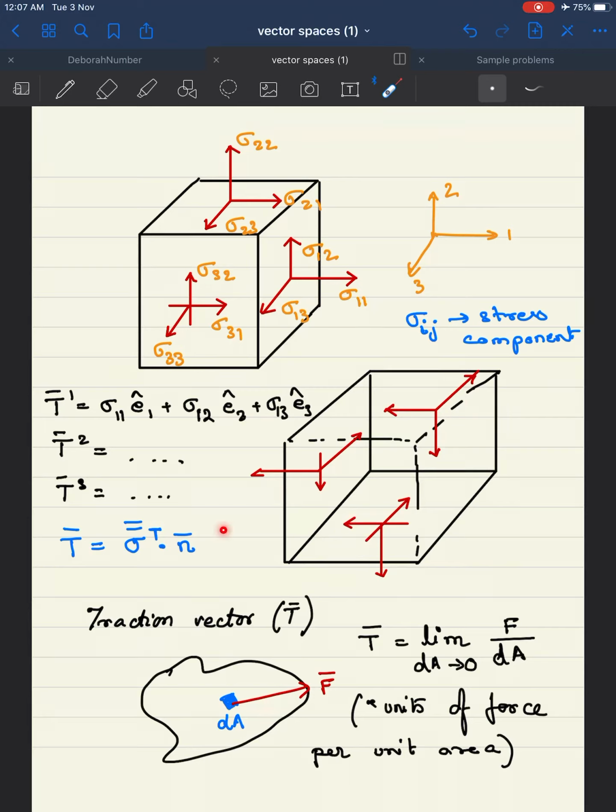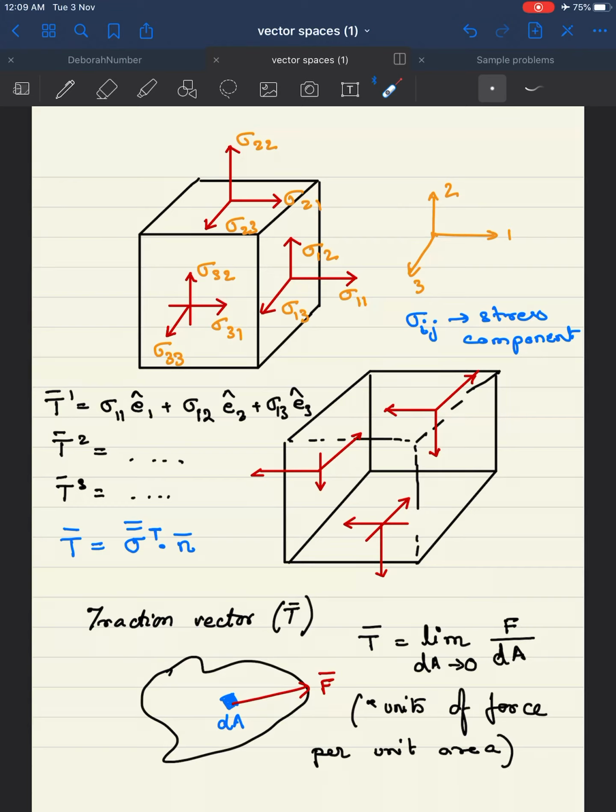I have not shown it here, but this is also called Cauchy's formula, and we'll see that in a second. I've already drawn that for you separately, but we'll come to that. This is how it relates to force vectors, and this is your linear transformation going from one vector, which is a surface direction vector, and it gives us the traction vector, right? Okay.